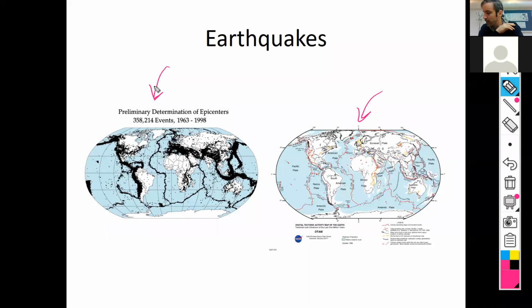There are some earthquakes in the ocean where the plates are moving away from each other, but the earthquakes are mainly concentrated in areas where the plates are moving towards each other, around the Pacific Ring, and also between the African and European plates.